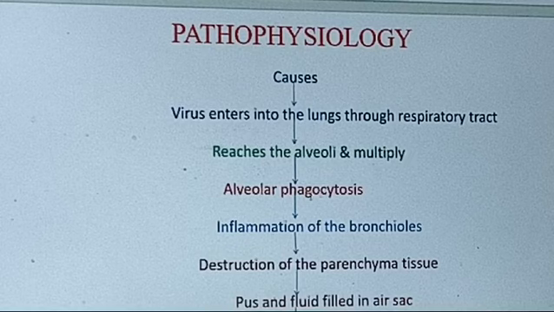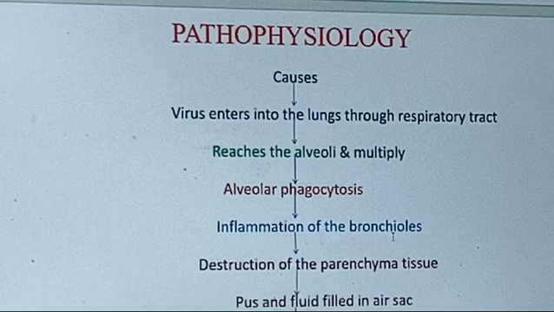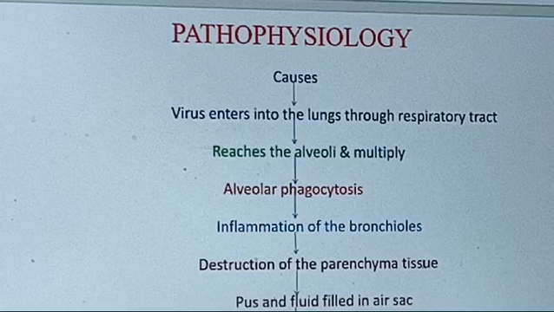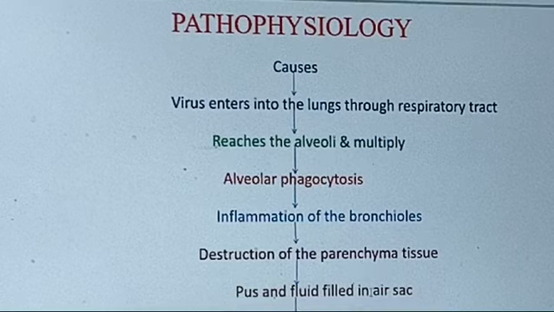There is development of alveolar phagocytosis, leading to inflammation of the bronchioles. Inflammation and infection lead to destruction of healthy cells in the parenchyma. Damage to the parenchymal tissue leads to pus formation in the lung air sacs. Finally, the person gets symptoms.